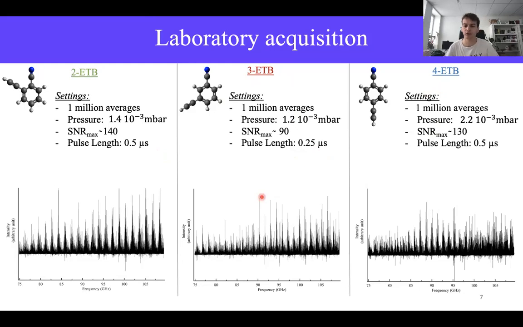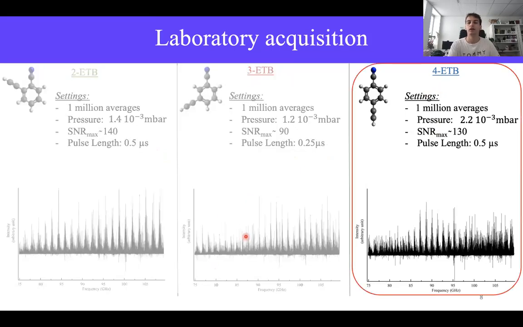All the spectra are quite the same, but not exactly the same. We have small clusters of lines. And to explain how we exploit the spectra, I will focus on the spectra of the 4 ETB.